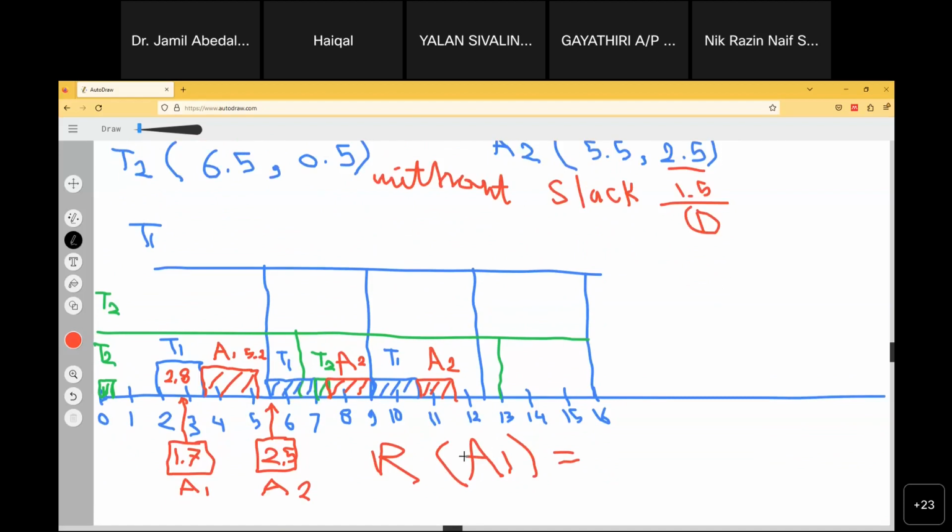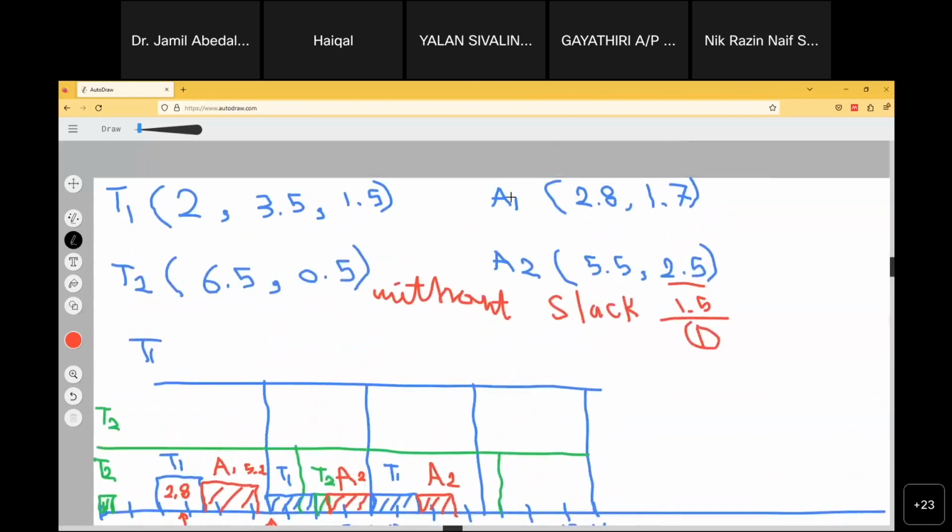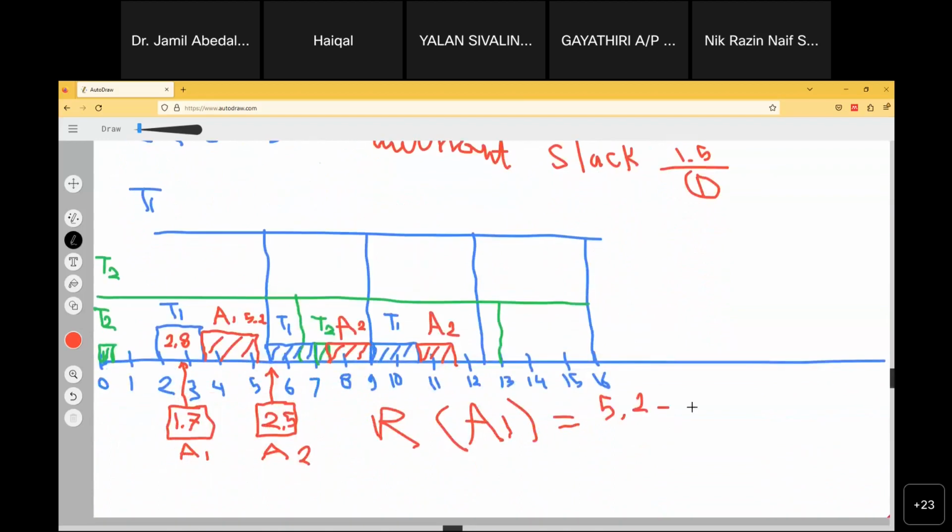The completion time of A1 is at 5.2, correct? 5.2 minus the release time of A1, 2.8.